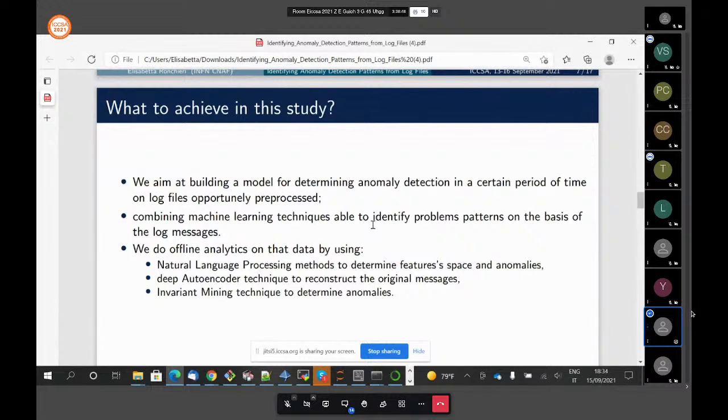We apply the autoencoder technique in order to determine if we are able to reconstruct the original messages, and the invariant mining technique in order to combine more than one feature from the CSV file with the messages. In our study, we used, for example, the host name and the messages in order to determine the anomalies in a specific period of time.